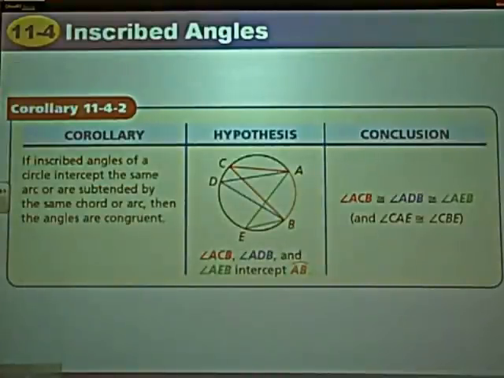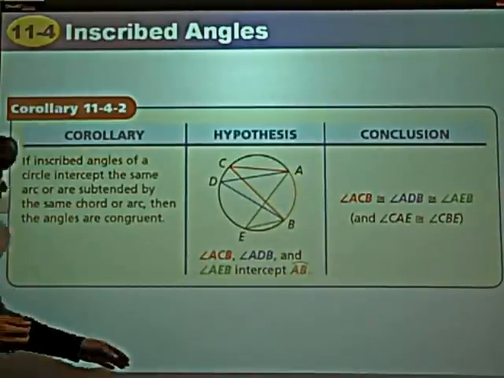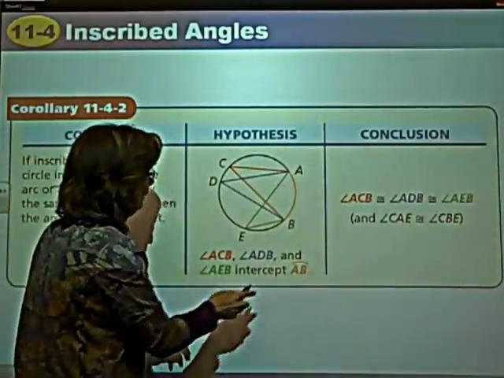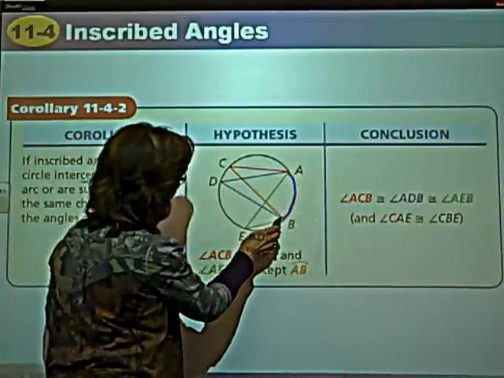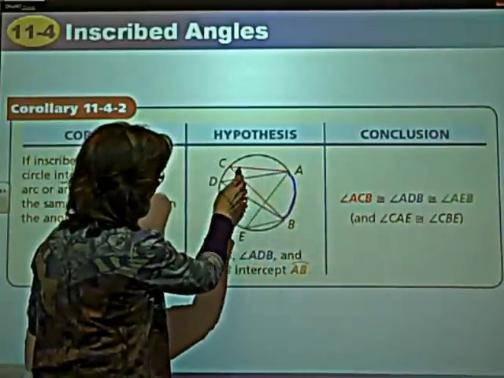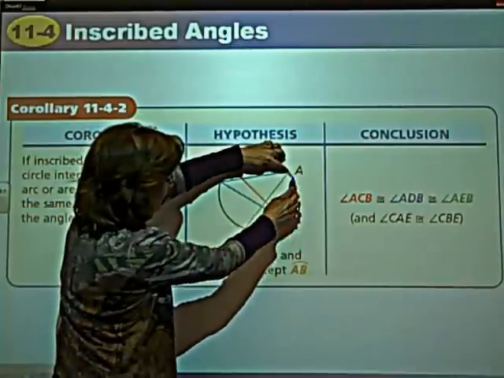Now this is where it'll get interesting. A little corollary to that is you can have something like this, lots of stuff going on. If inscribed angles of a circle intercept the same arc, they've got to be the same measure. So notice, here's my arc, A to B, and I could take ACB, that would be this arc.